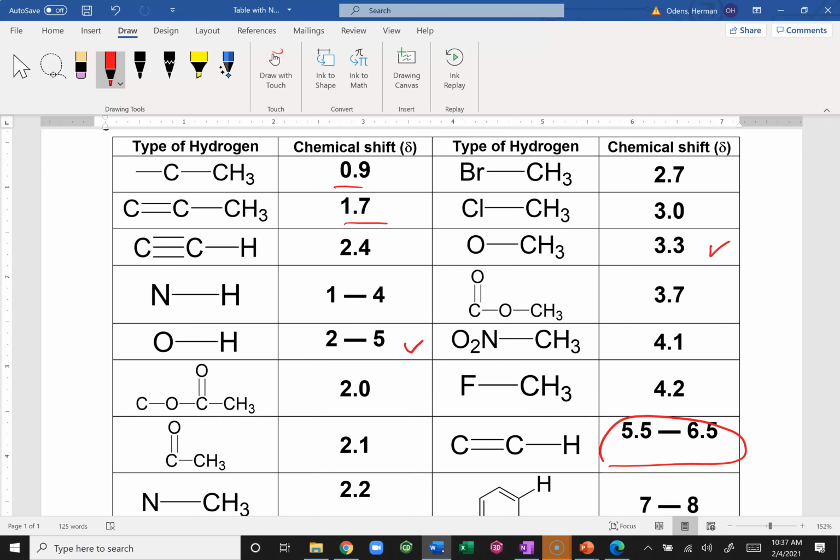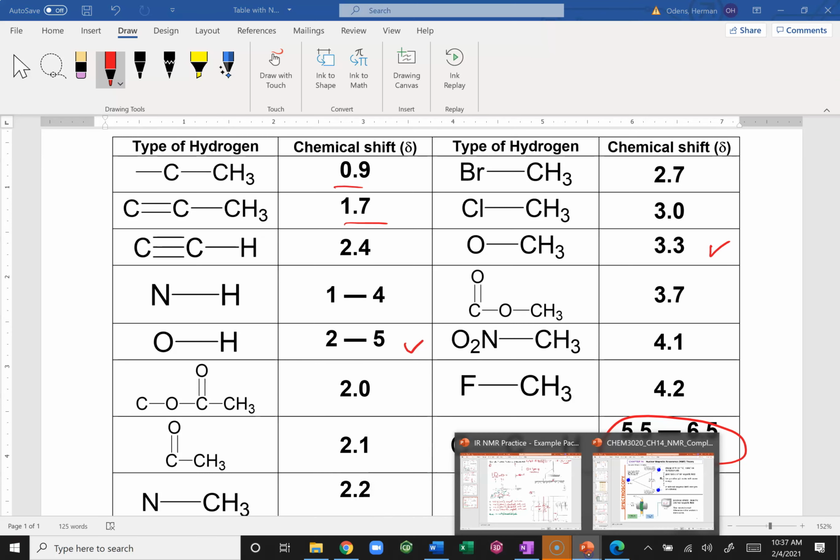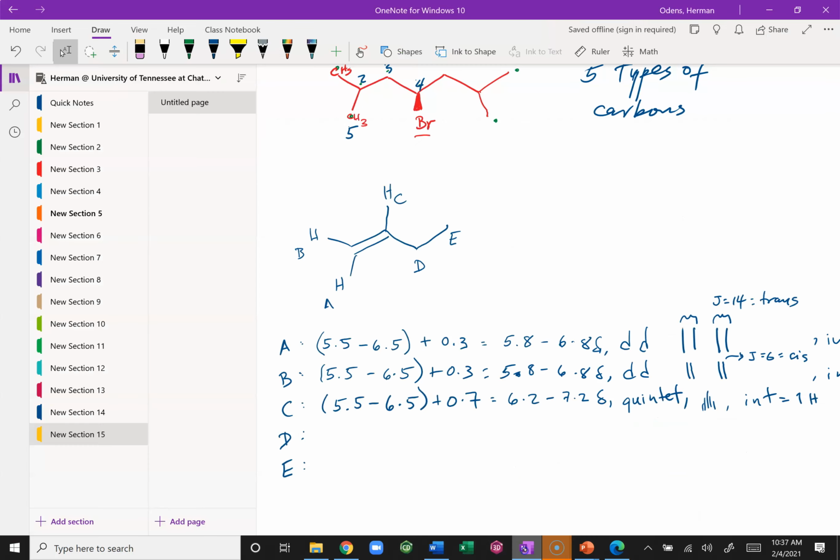It started at 1.7, plus 0.3 because it's a CH2. It has 3 plus 1, that's 4 neighbors, so it'll also be a quintet that integrates for 2.